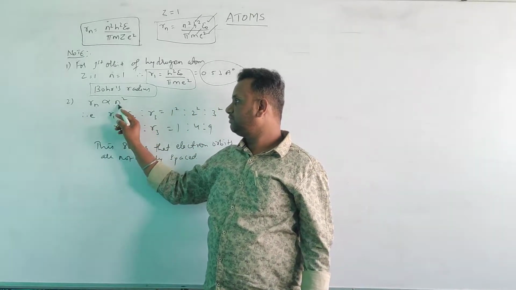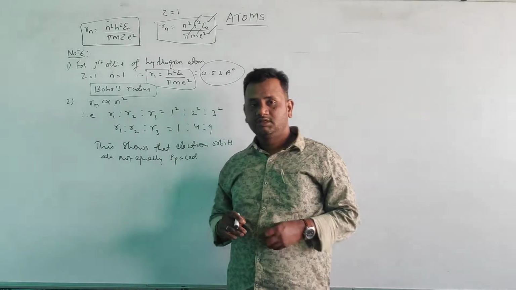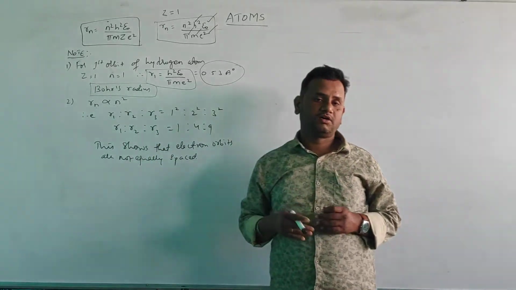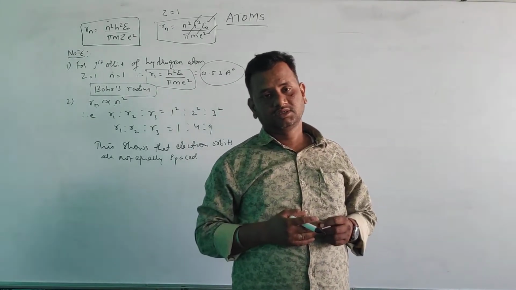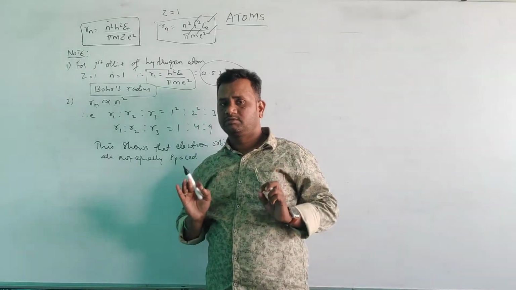Rn is directly proportional to n square. That means as the orbit number increases, the radius also increases. In a simple way, you should remember this.